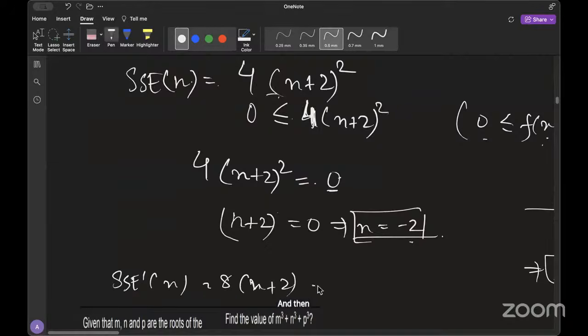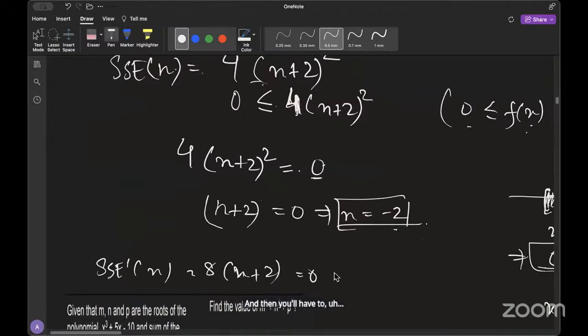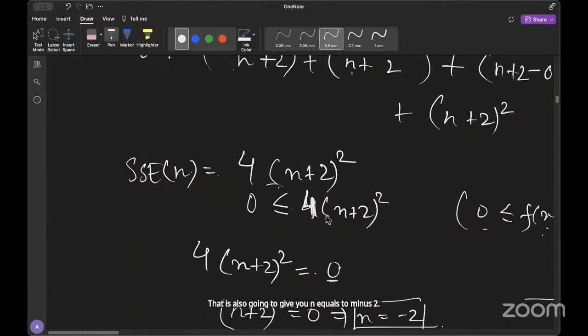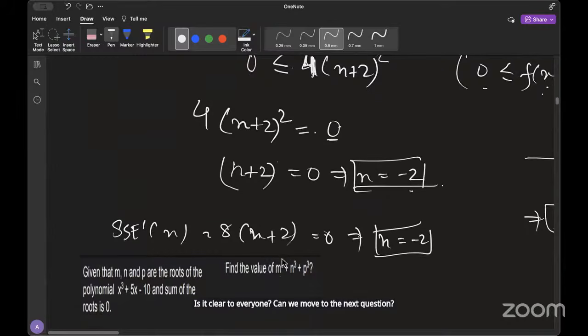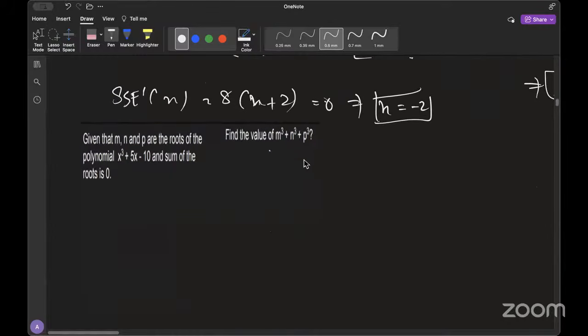And then you'll have to equate it to 0 to find the value of n. This will give you n equals -2. Or you can do the vertex approach too. That is also going to give you n equals -2. Is it clear to everyone? Can we move to the next question? Yes. Okay. So the next question is this one.